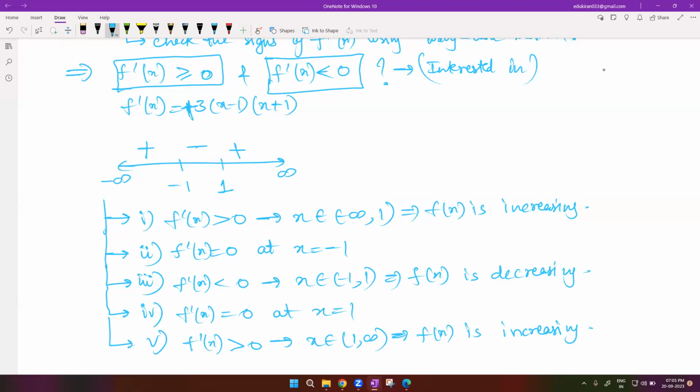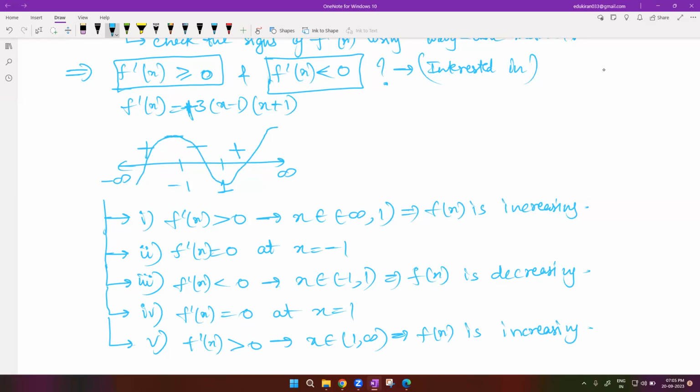So as the sign changes from plus to minus, first it was increasing and then it was decreasing. It was increasing like this, and after this point, it starts decreasing. Then clearly after this point 1, it starts increasing. You can observe the graph.